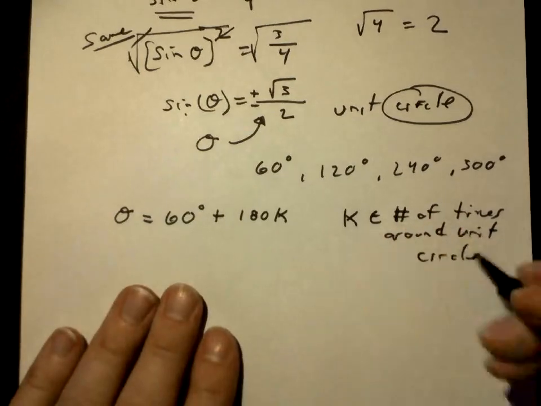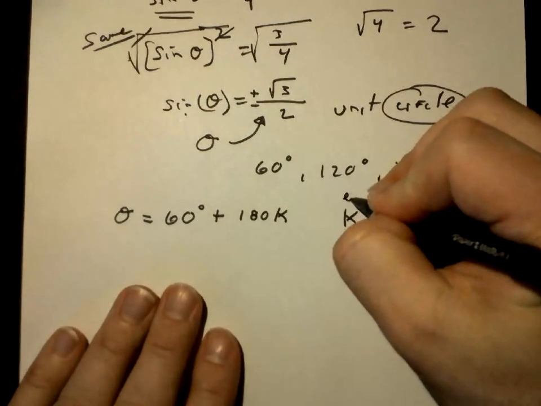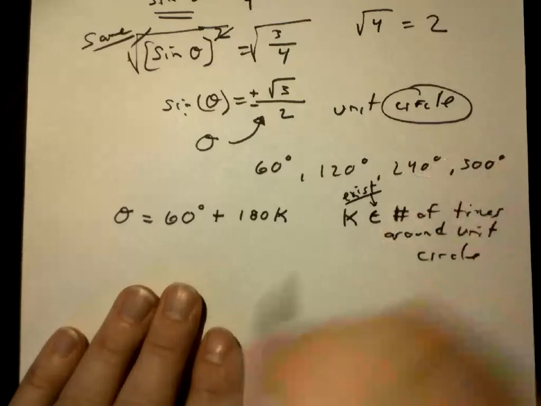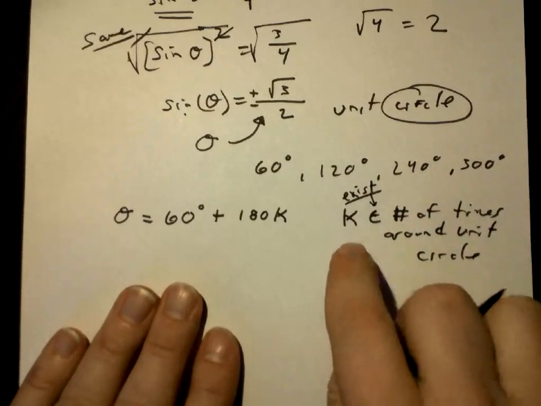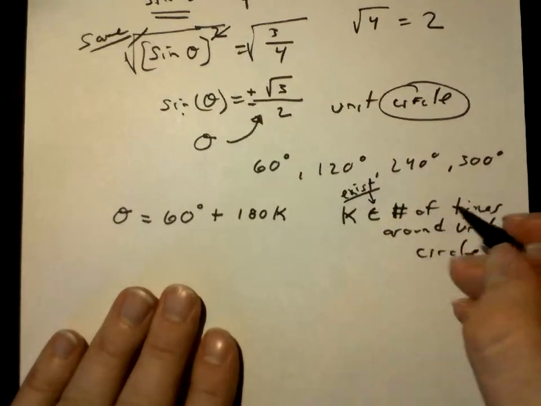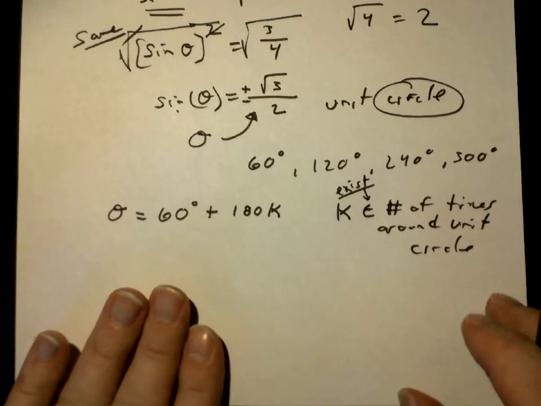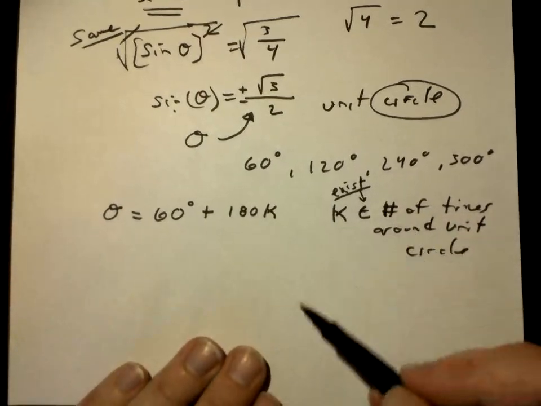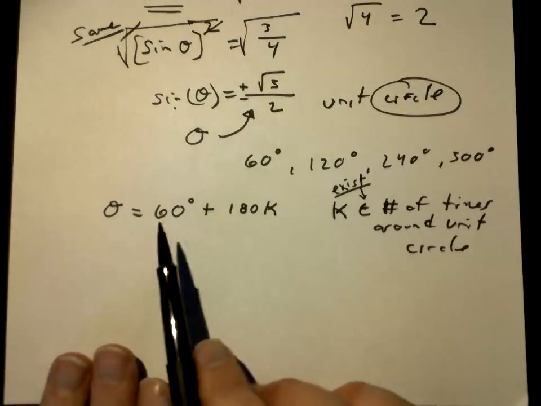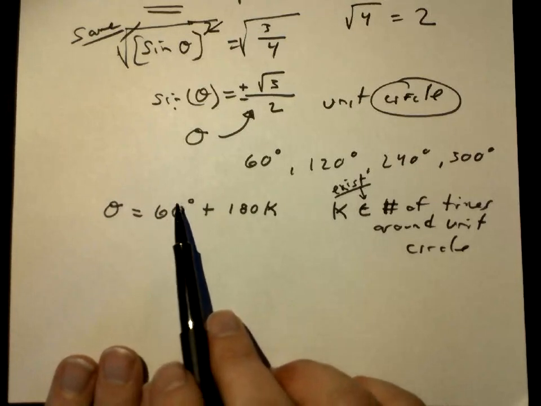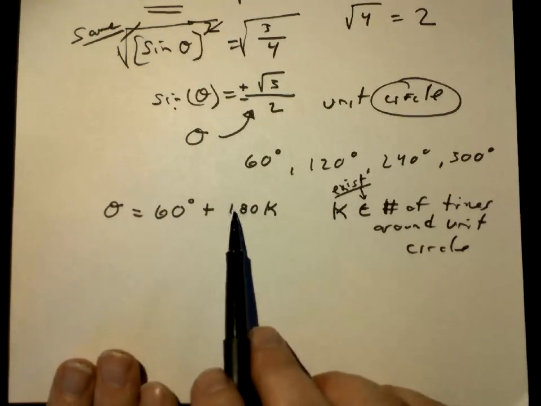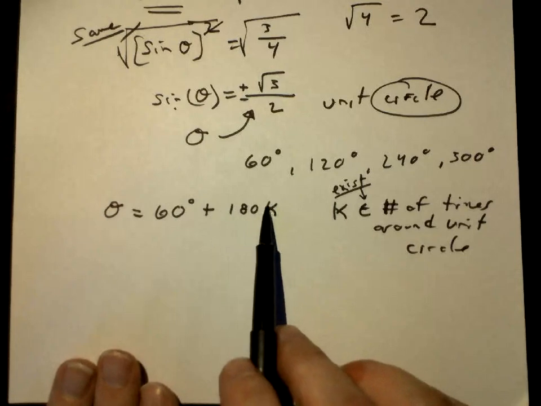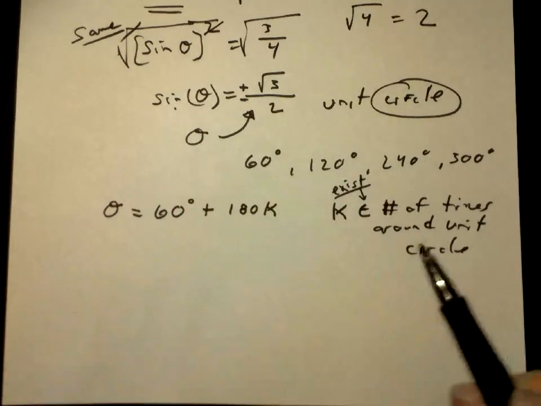Now, by the way, if you don't know what this is, it just exists. It's a cheaper way to say there exists a K. It's like a backward E. It's the number of times you are going around. And there's only 60 degrees plus 180. So that's half a circle times how many times you're going around the circle.